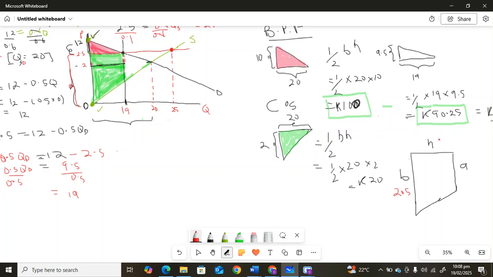Yes, it's 19, from 0 to 19. And then what is our A?